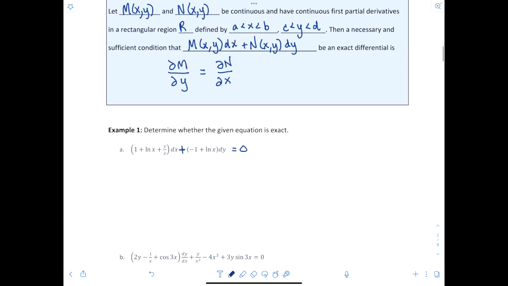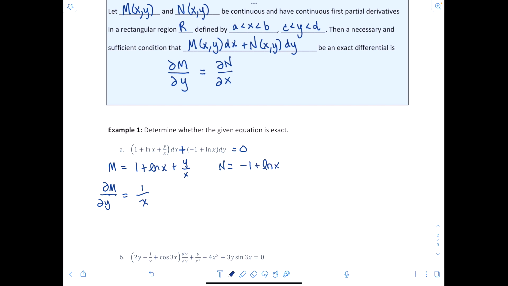All right, perfect. So what do we need to do? We need to identify our M, which is 1 plus natural log of x plus y over x, and find the first partial of M with respect to y. In this case, you hold the terms that don't have any y's as constants, so we end up getting 1 over x. Now, N is equal to -1 plus natural log of x.